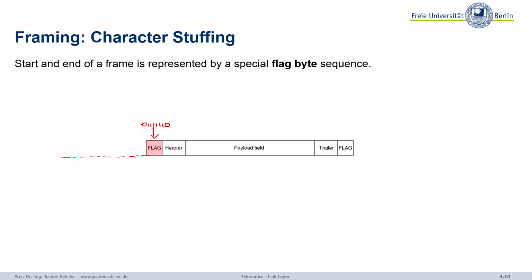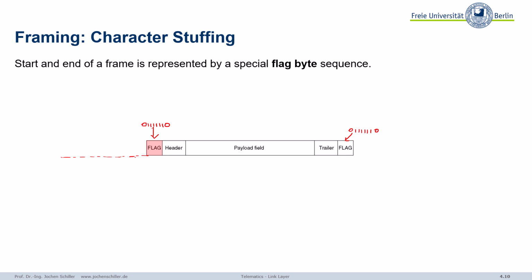Okay, and I could also say, okay, why not having also this flag at the end? Then the flag tells me this is the end. So I've got a special byte in the beginning, a special byte at the end. Again, sounds like a good idea.